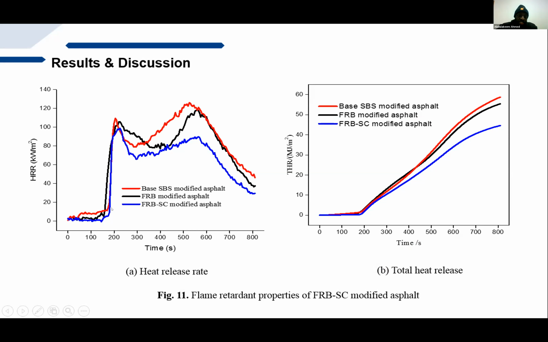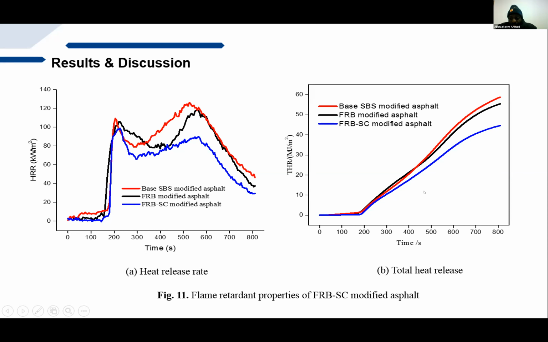And we noticed that by adding the flame retardant that was created in this research, we were able to reduce the height of the first exothermic peak, and also reduce more significantly the length and the height of the second exothermic peak, making sure that lower heat was released. In the first place, we reduced the rate of heat release.